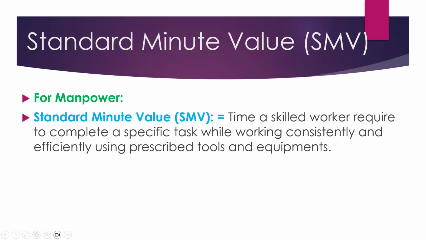It is the time a skilled worker requires to complete a specific task while working consistently and efficiently using prescribed tools and equipment. The worker should be consistent, efficient, and skilled. The time to complete a specific task under those conditions is known as the standard minute value.